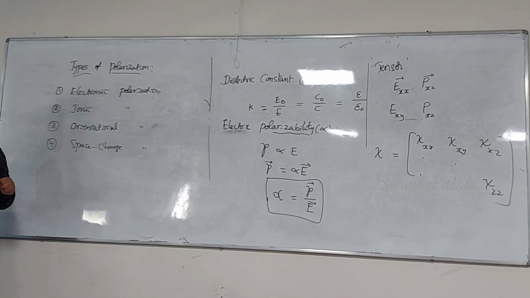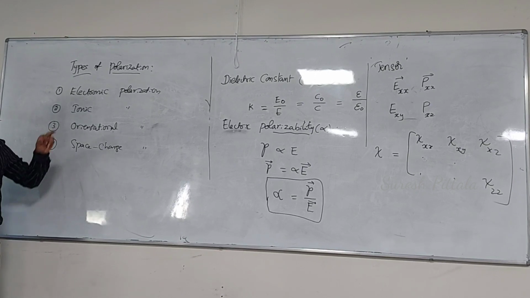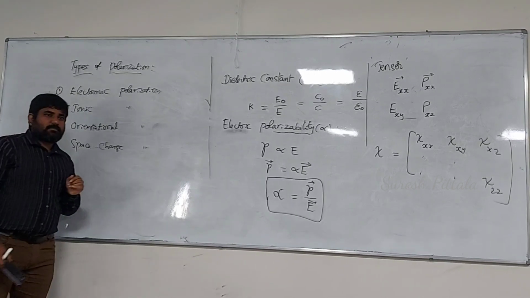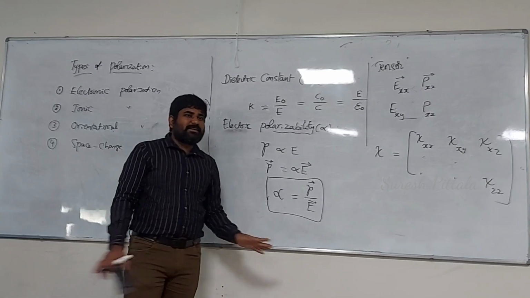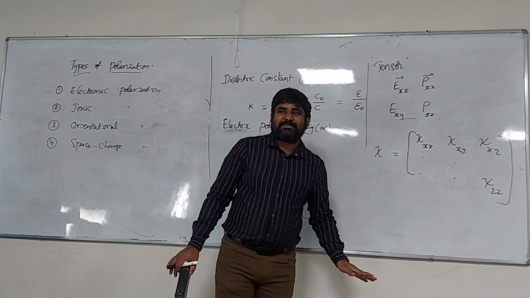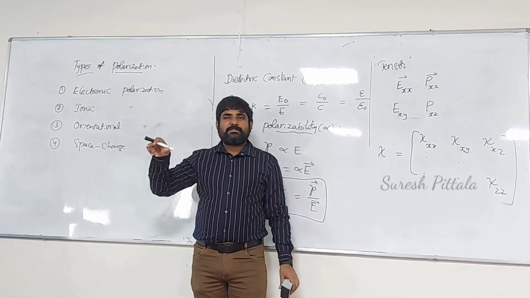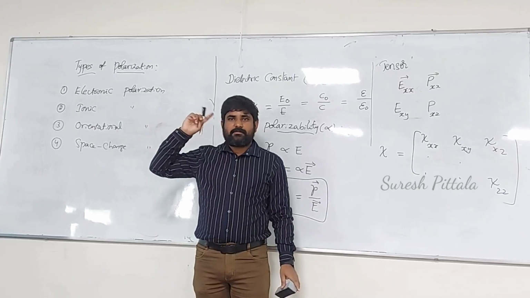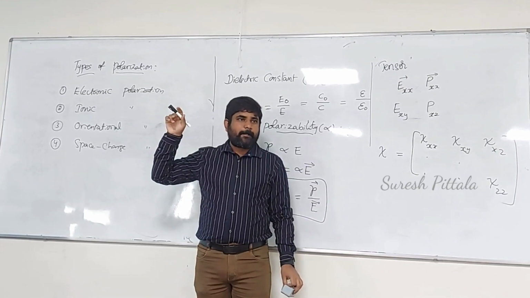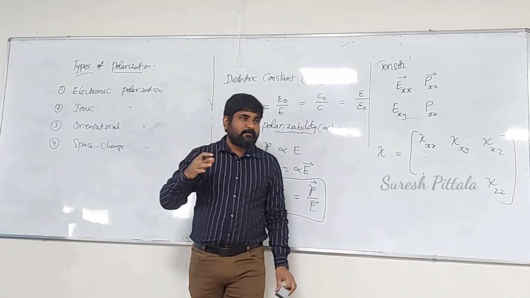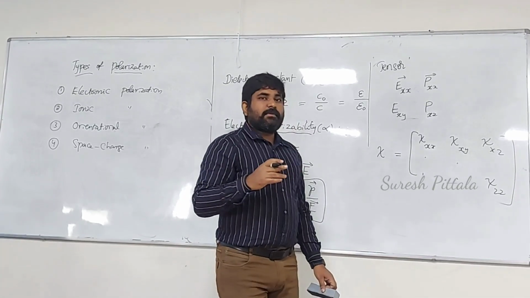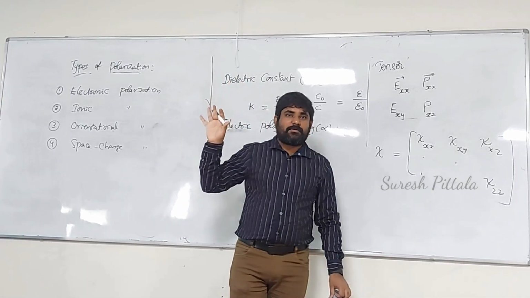Electronic polarization. Polarization happens due to the applied electric field. You have to apply it in every case. There is no exemption. What is polarization? You have to recall that. What is capital P? Definition: dipole moment per unit volume.